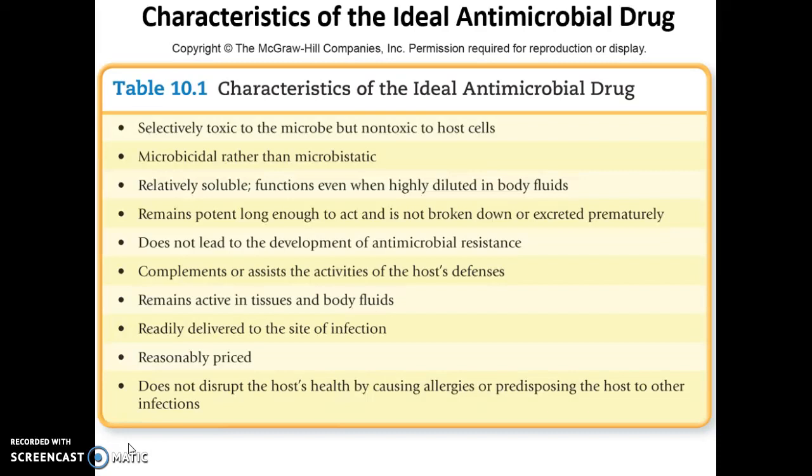But for those individuals who are immunocompromised and their immune system is severely deficient in its function, then they really need the drug to be microbicidal and actually kill off the organism completely.